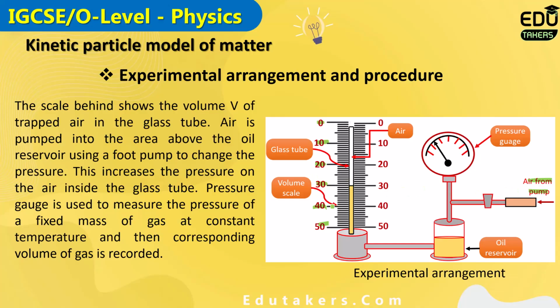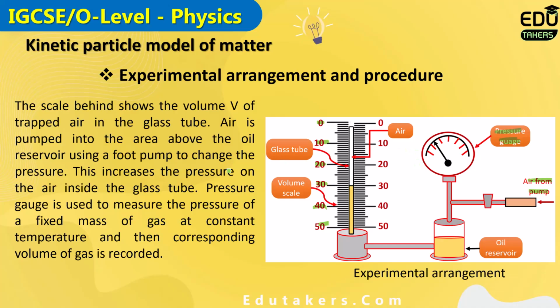The air is pumped into the area above the oil reservoir, using the foot pump to change the pressure. When you pump the air, this causes an increase in the pressure of the air inside the glass tube. And here is a pressure gauge that is used to measure the pressure. You can easily measure the pressure with the help of the pressure gauge.